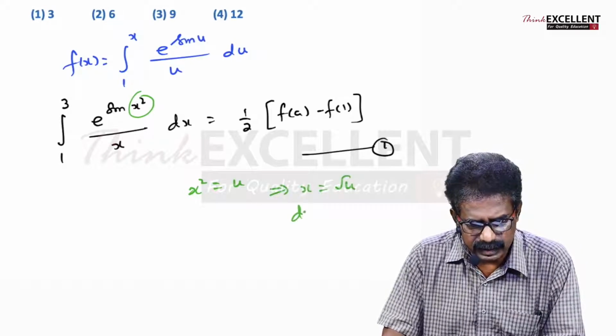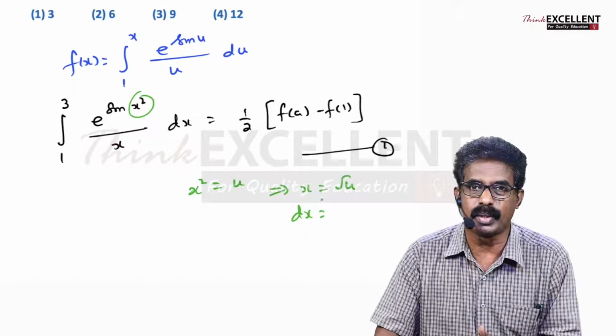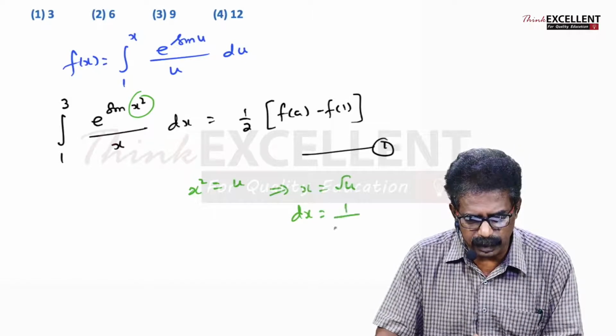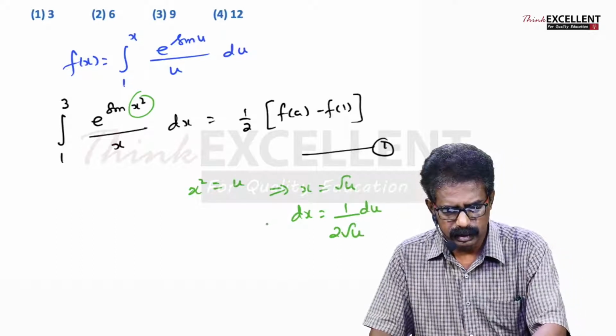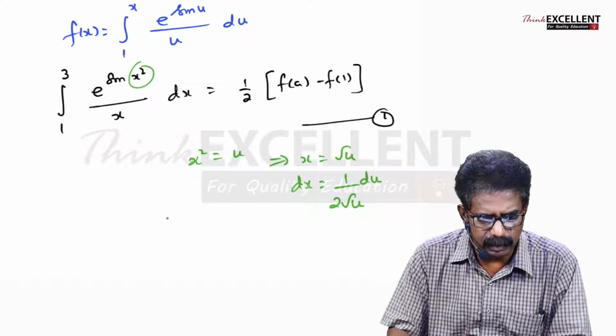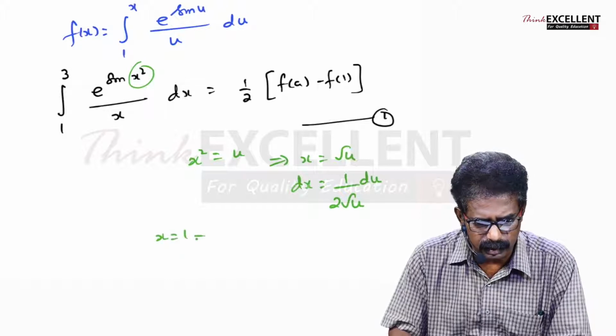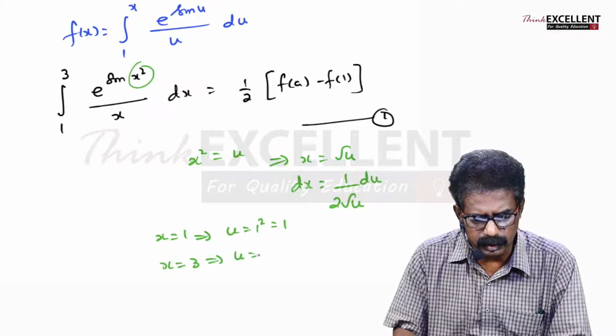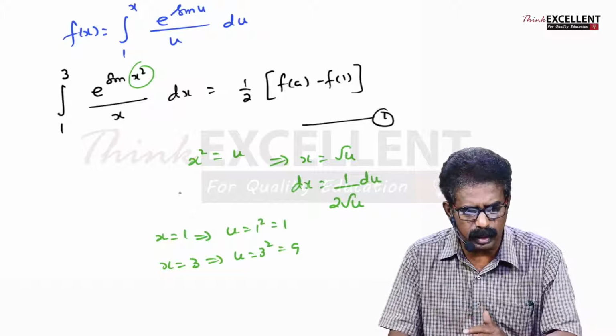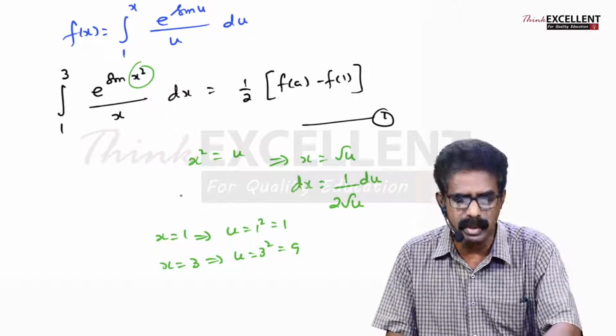Differentiate it, dx is equal to, root x derivative 1 by 2 root x, so root u derivative 1 by 2 root u into du, right? So now change the limit, x equal to 1, u equal to 1 square, it is 1. X equal to 3, u equal to 3 square, it is 9. So x is varying from 1 to 3 means u varies from 1 to 9, right?